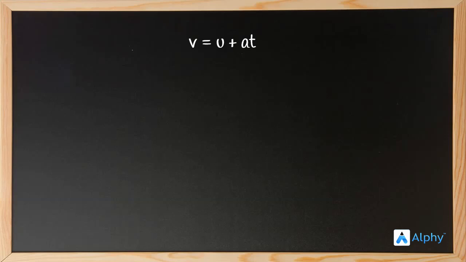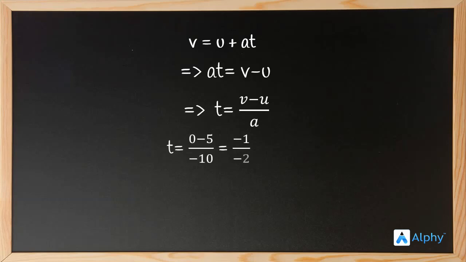So I'm going to manipulate this equation in such a way that all my unknown quantities will be on one side and the known quantities will be on the other side, so that it is easier for me to substitute and calculate. Okay. So I've thrown U to the other side. Now I will take A as a denominator. Now I will substitute. On substitution, I will get T equals 0.5 seconds.